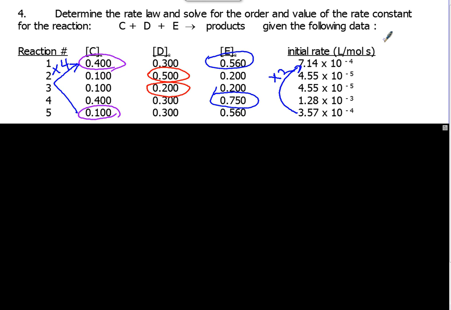Remember the rate is 2 times greater versus C to what power? And C was changed by a factor of 4. 2 is equal to 4 to what power? 1/2? 0.5? That's not a nice number, is it?